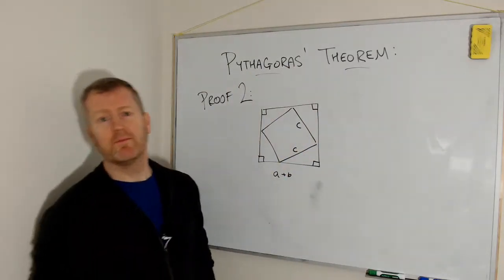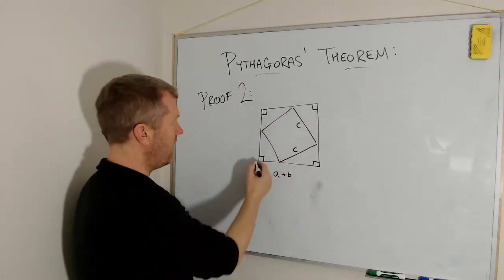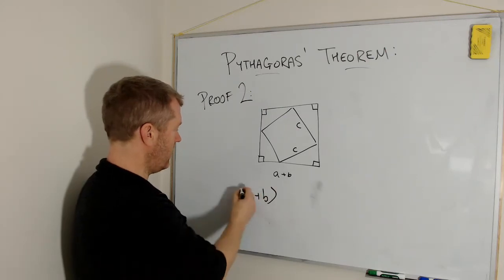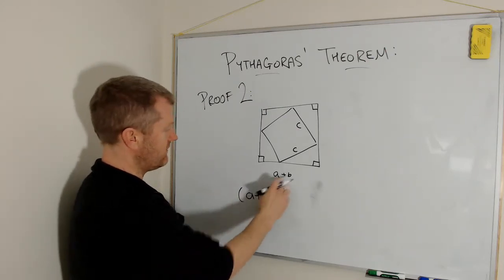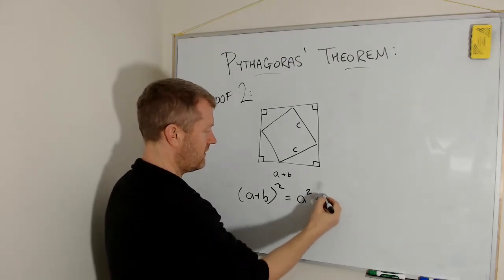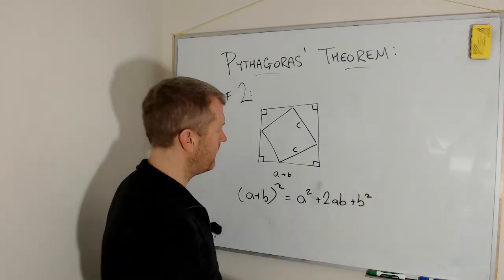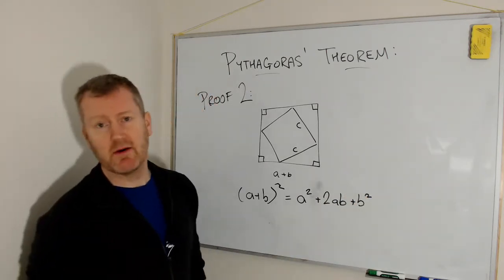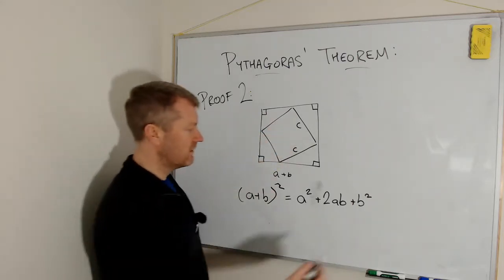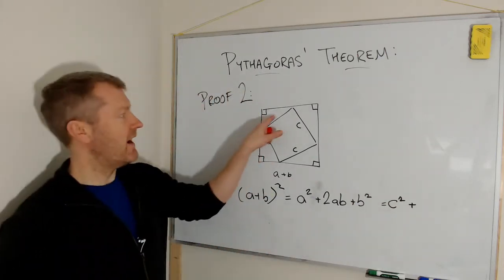Okay, proof 2. We use the same square, but this time we notice that the entire square has area (a plus b) squared, because the length of the side is a plus b. And we can multiply this out to give us a squared plus 2ab plus b squared. But we can also notice that the area of the square is equal to the area of this internal square plus the area of the 4 triangles.